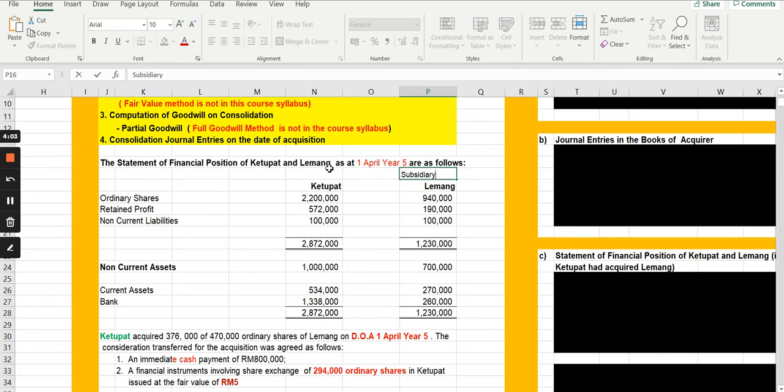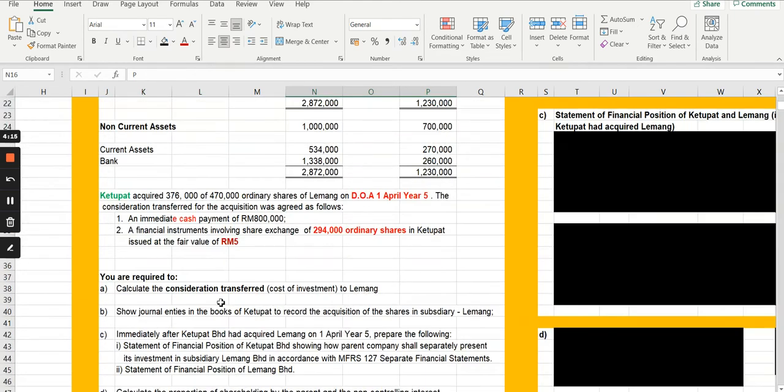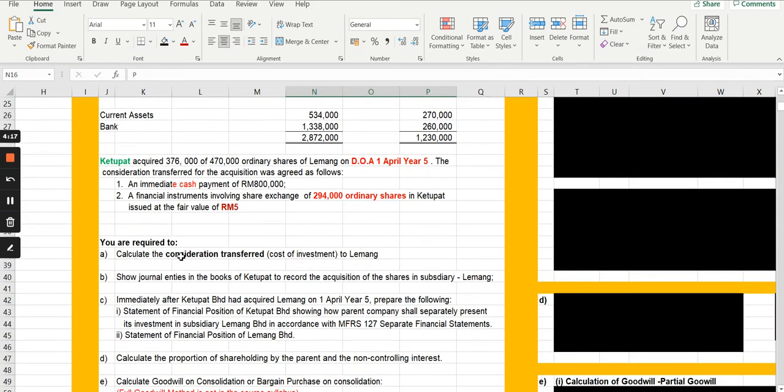And here you put parent, or just put here P and here is S, right? P and S. So it shows that one is a parent, another is a subsidiary. Okay, you're going to calculate consideration transferred that was discharged by Ketupat to Lemang.